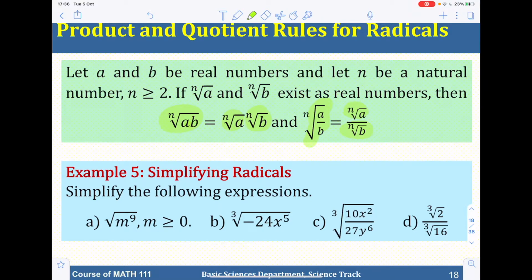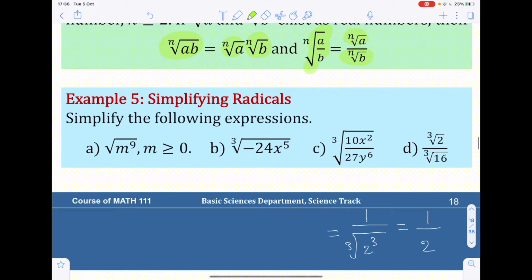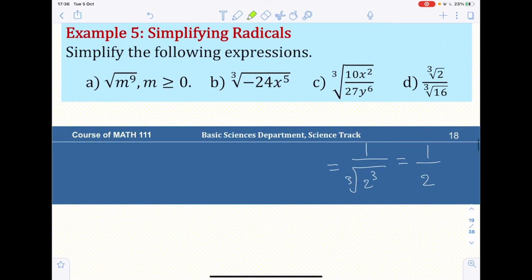So we can distribute the root to all the values under the root if we have a product of numbers. Okay.